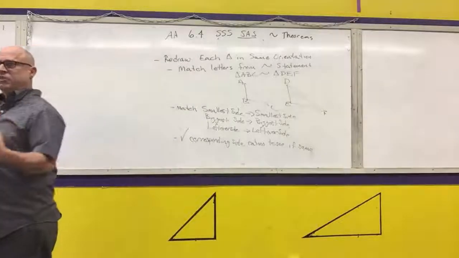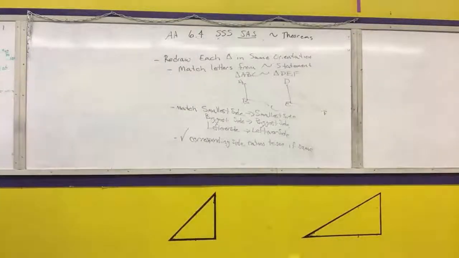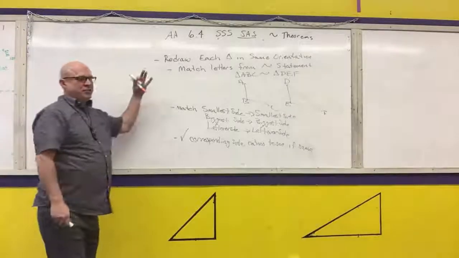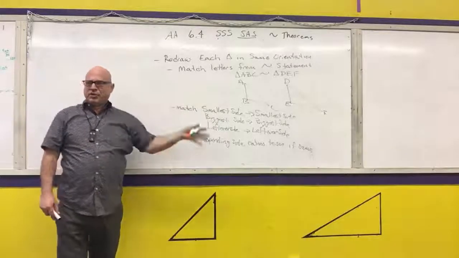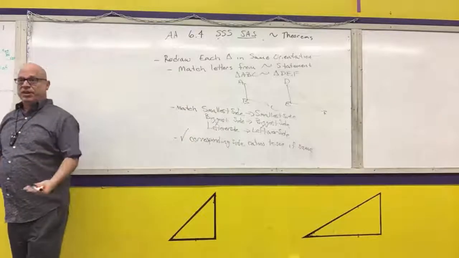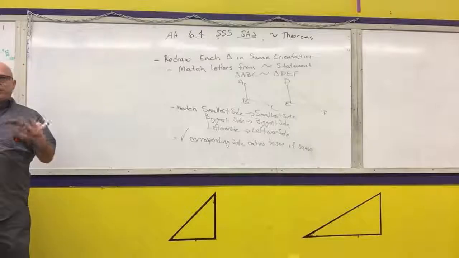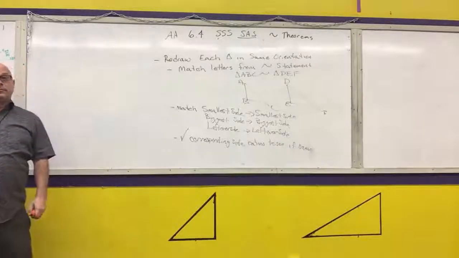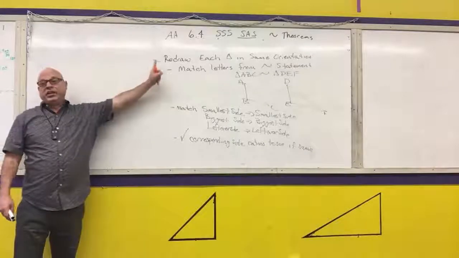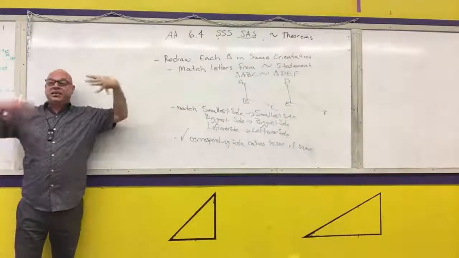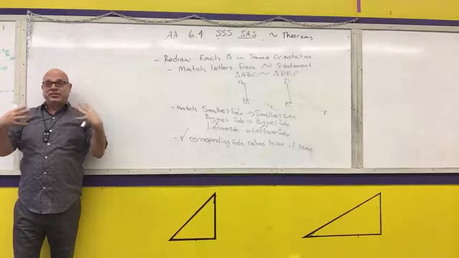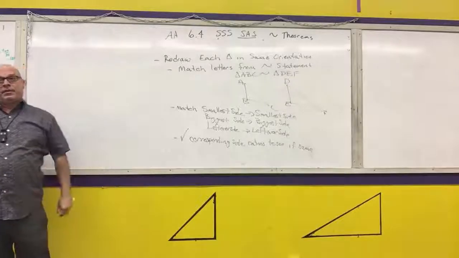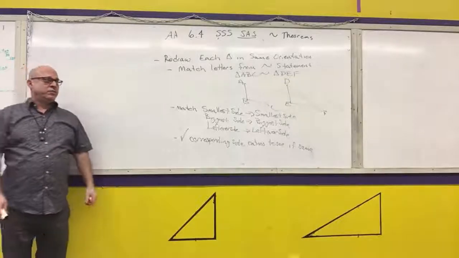Or if they tell you they're similar, you're going to be able to solve for a variable because you can set those ratios up to be the same. So all you're doing is setting up proportions just like you were doing in 6.1, 6.2, and 6.3, but now you have some different facts that let you set up these proportions. And again, this is the biggest help here: redraw the triangles, get them facing the same way and match the things up. And then it's just talking to yourself in words.